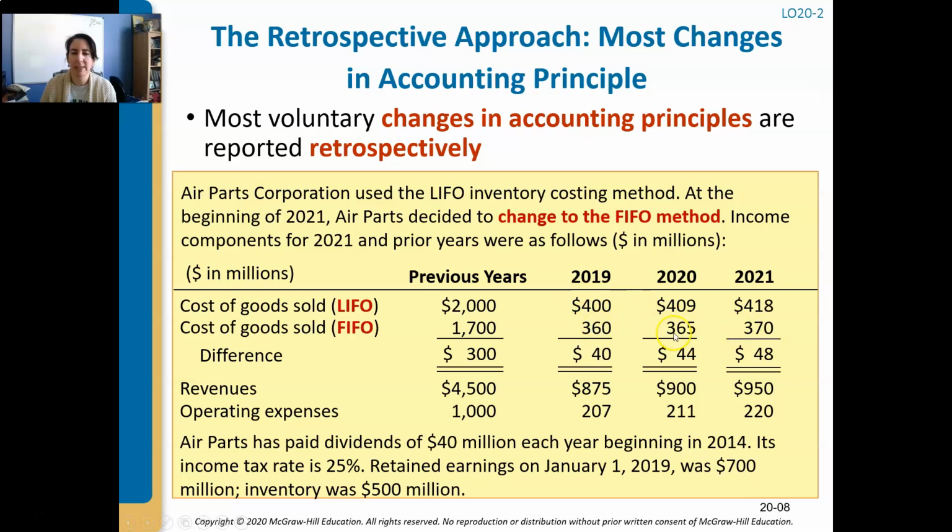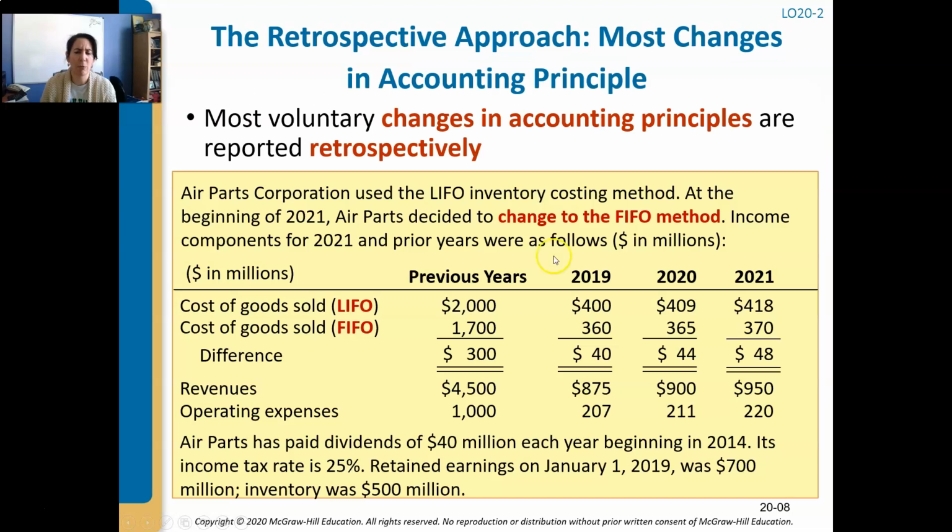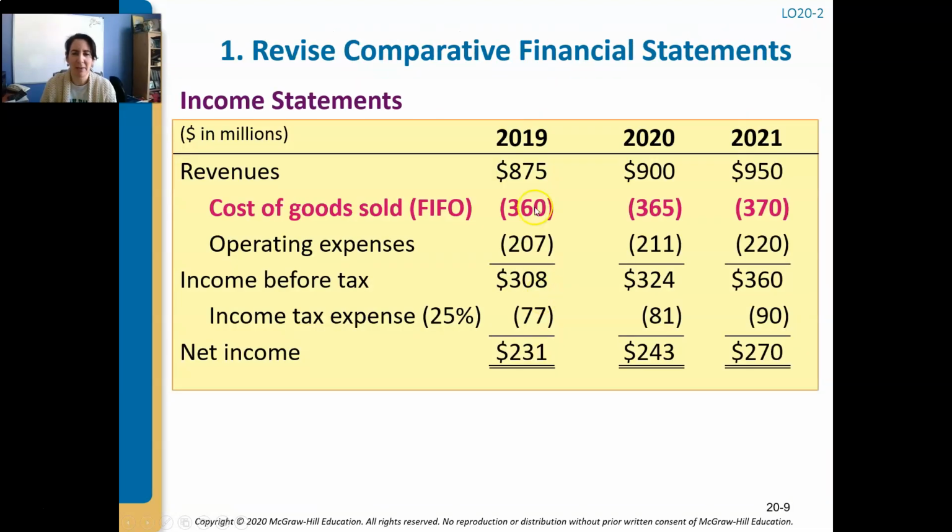We pretend we've been using FIFO the whole way. That changes our net income numbers. Before I had 400 there in 2019, sorry, bad number. If I had 400 there before, my net income would be lower because my expenses would be higher. So now what happens?